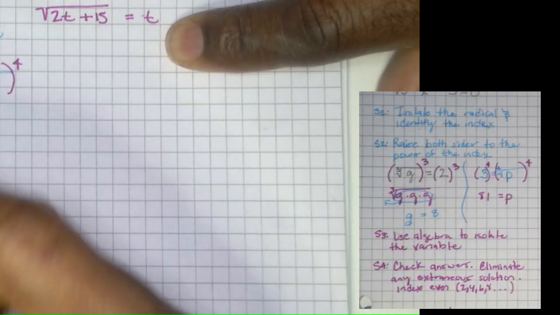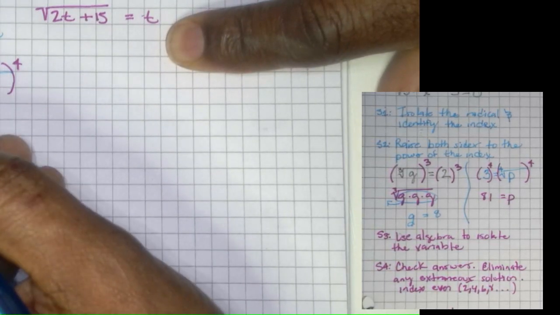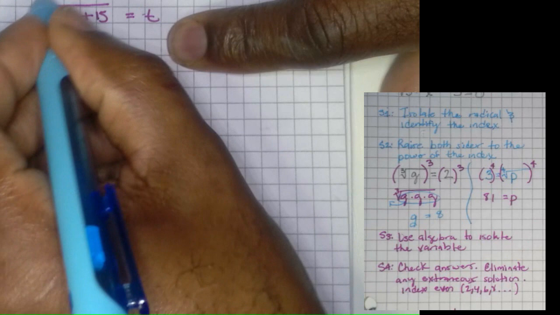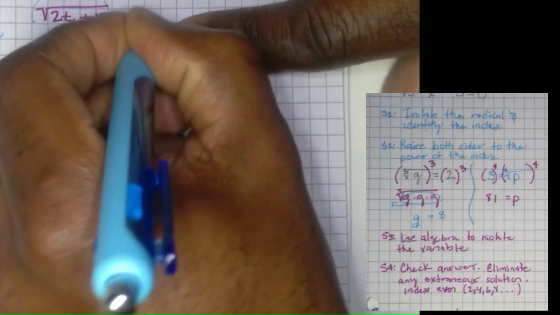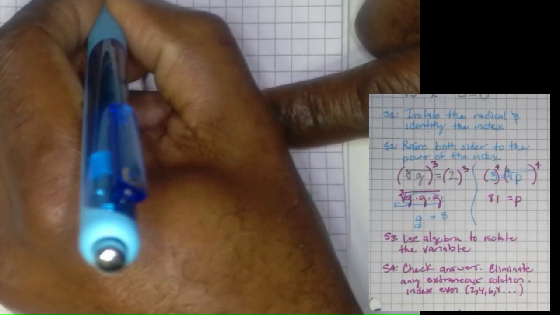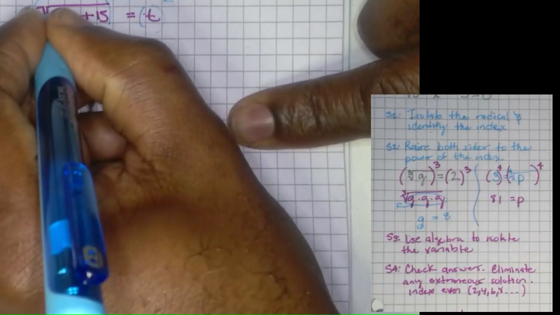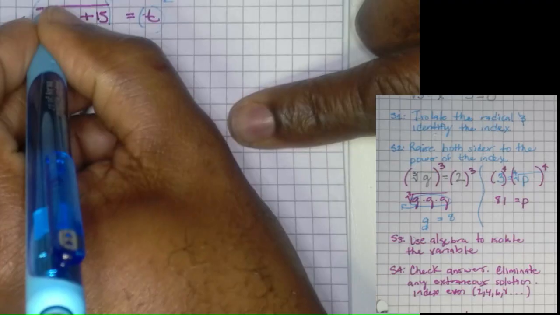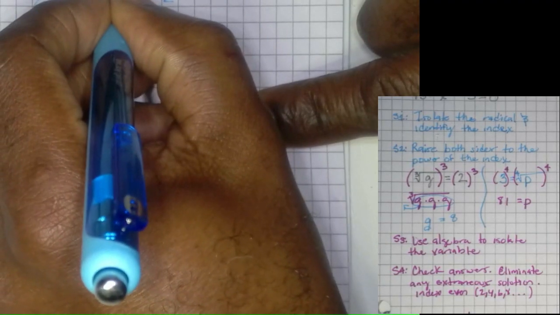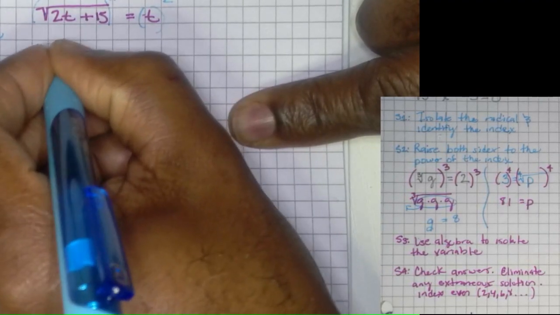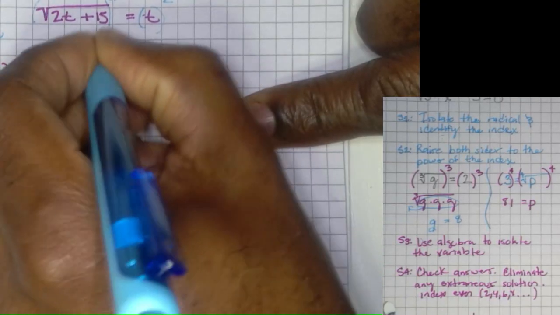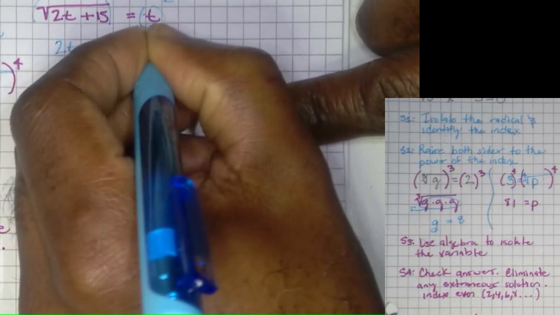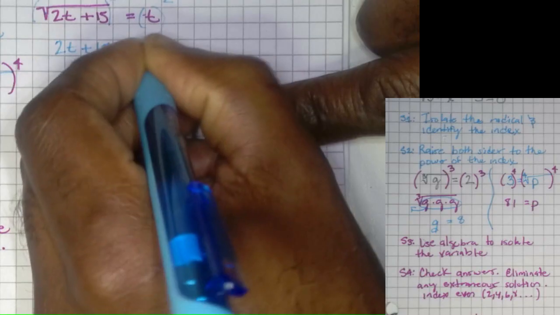So to remove the radical, let's raise both sides to the second power because that's the index. So this index cancels out the power. So we're just left with 2t plus 15 equals t squared.